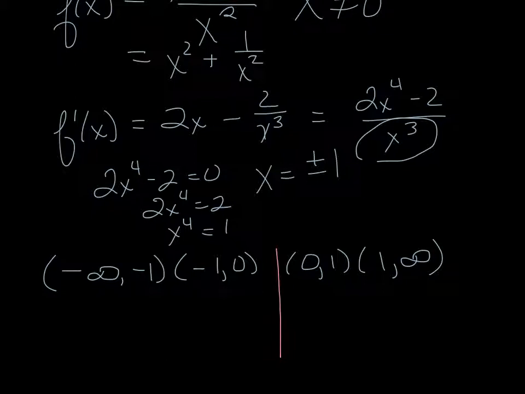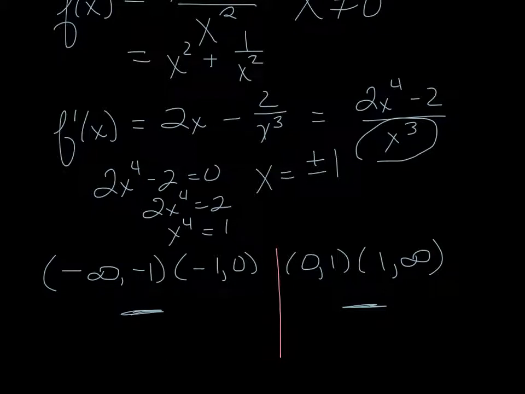Over here, on this side, it's either a minimum or a max. Over here is a minimum or a max. It's not going to be a minimum or a max when x is 0, because there's a break in the graph. Okay, so those intervals basically represent everything except where the derivative equals 0.